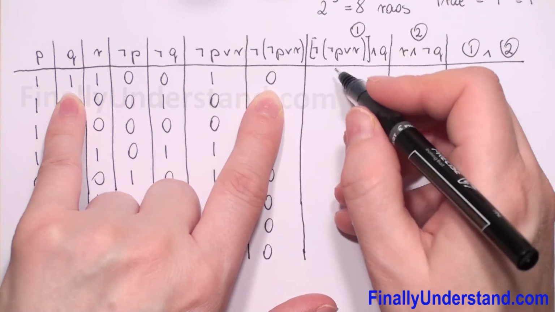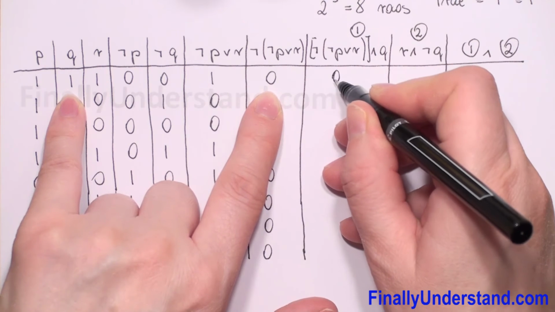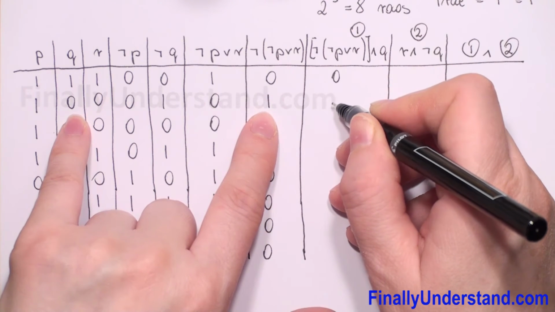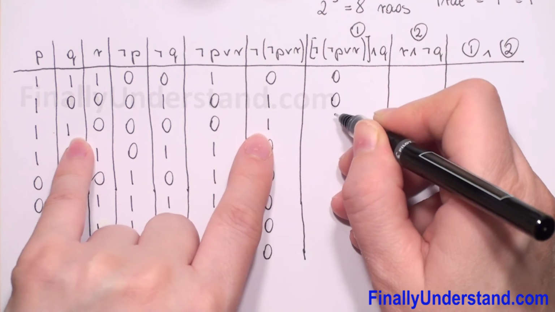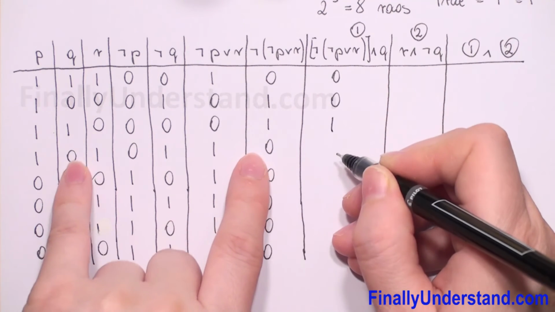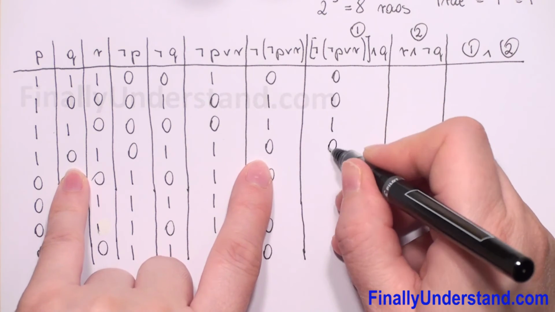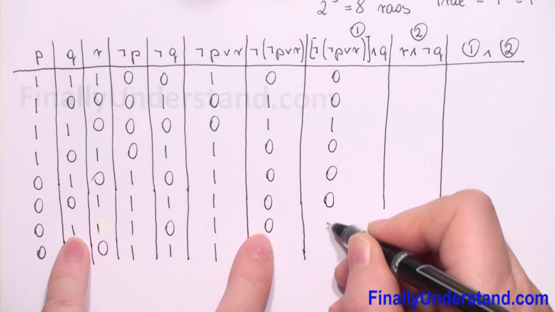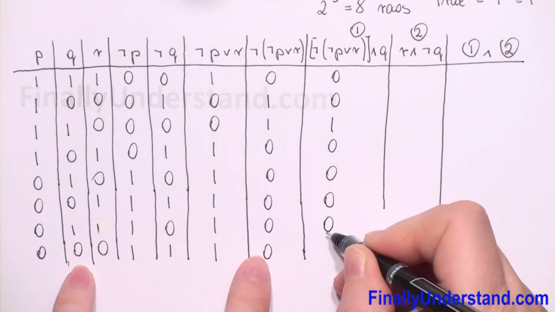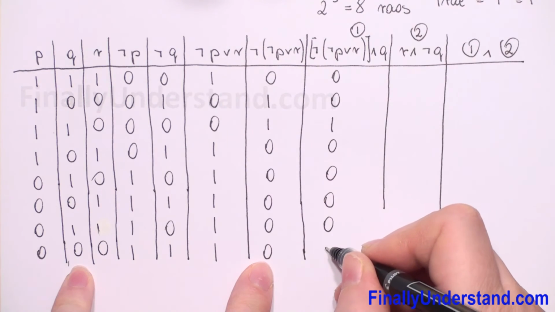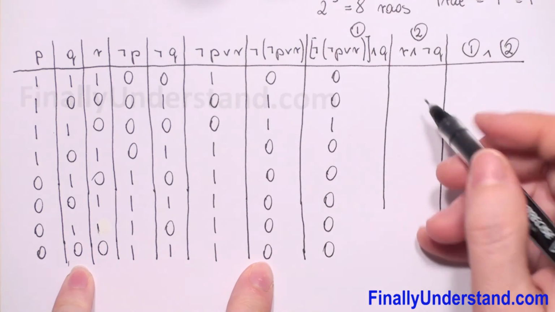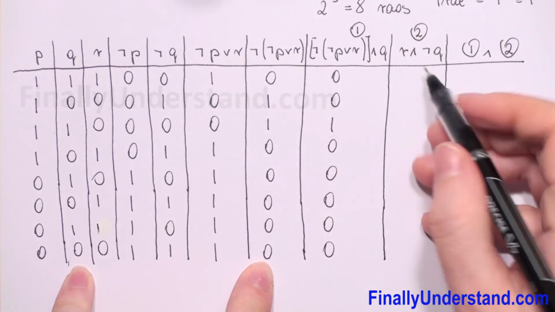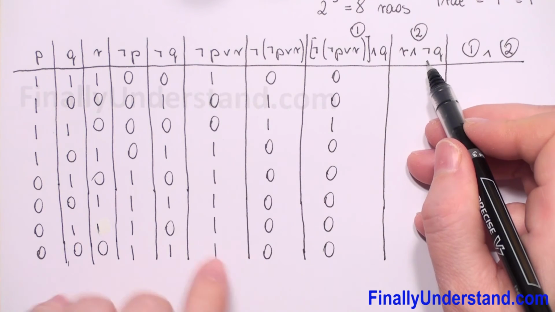We have 1 and 0, so this is 0, 0 and 1, so this is 0, 1 and 1, so 1, 0 and 0, 0, 1 and 0, 0, 0 and 0, 0, 1 and 0, 0, 0 and 0, so this is 0.